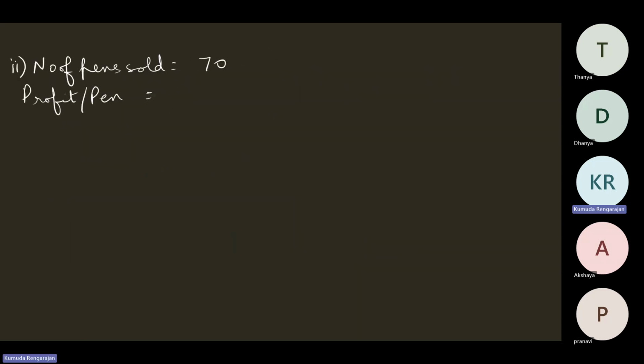But we are writing everything in paise. So plus 1 rupee, which is plus 100 paise. Correct? What's the total profit?